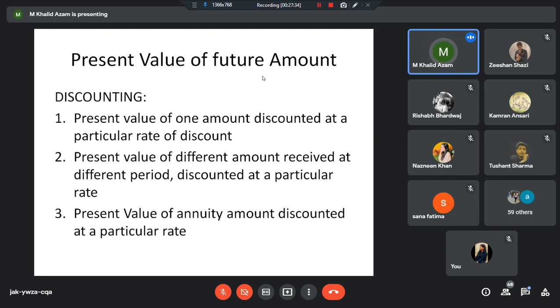So the 1 rupee which you are going to receive in future, its value today will be less than 1 rupee. So 100 rupees, if I am getting after 1 year, today will not be 100 rupees. The concept goes like this.